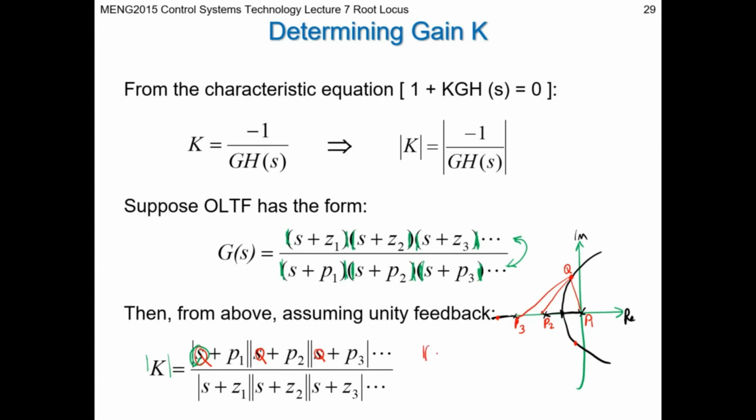So for instance, if P1 equals 0 and Q, I'm just going to make up a number here, is 0.4 plus 2j, that's the location of this closed loop root Q. So the magnitude of Q plus P1 is going to be the square root of 0 squared and 0.4 plus 2j squared.